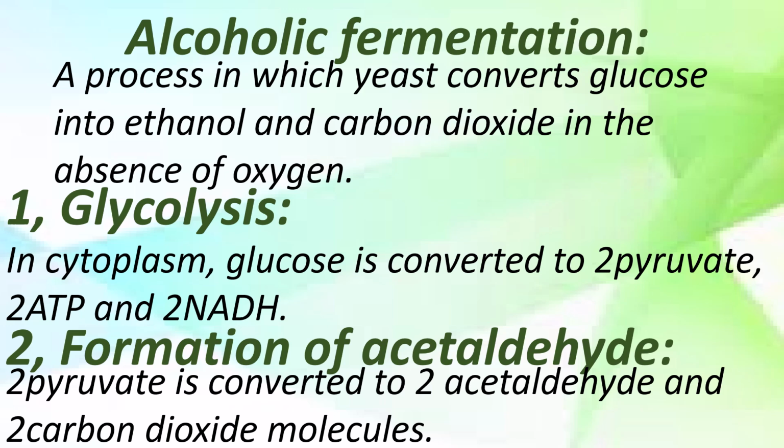Formation of acetaldehyde. This is the second step. 2-pyruvate is converted to 2-acetaldehyde. That is a reduction, because the carboxylic group is converted into an aldehydic group, and 2 carbon dioxide molecules are released. That is the gas.